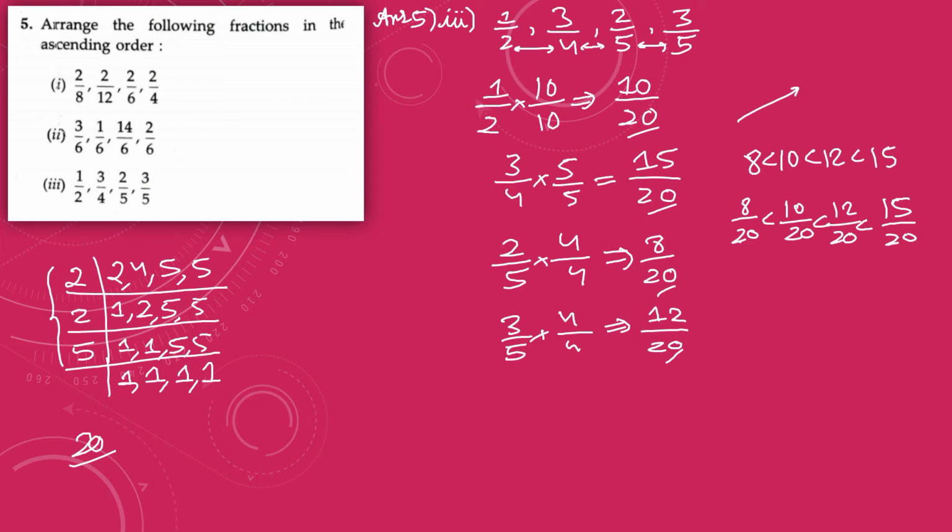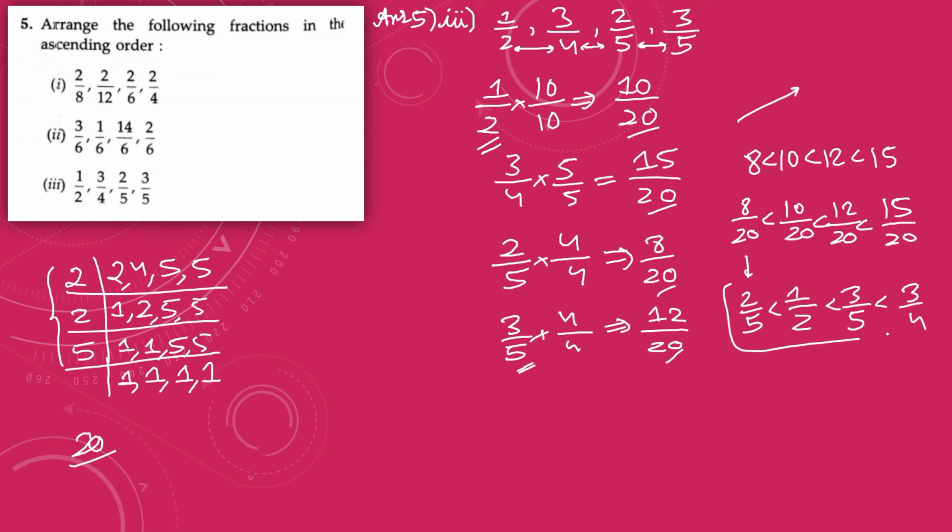And 8 upon 20 was originally 2/5. So don't forget to convert them back into the original fractions: 2/5 is less than 10 upon 20, which was originally 1/2, which is less than 12 upon 20, which is 3/5, which is less than 15 upon 20, that is 3/4. So here we go.